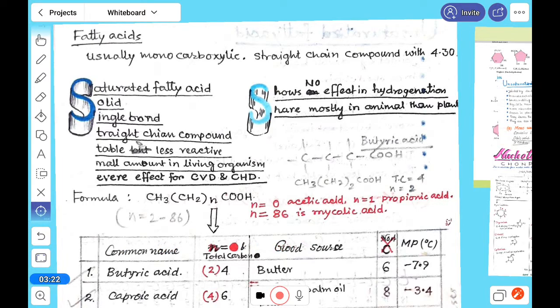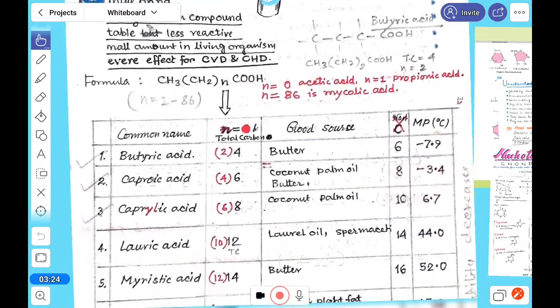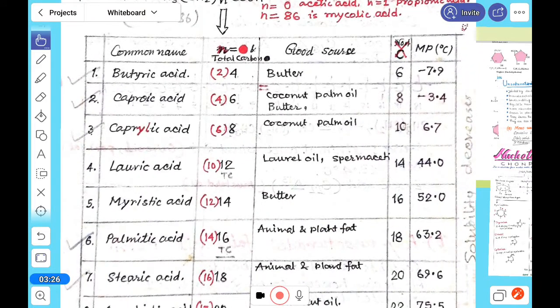You can see here that when the value of n is 2, then butyric acid, then 4 caproic acid, 6 caprylic acid. In that way, all these things are there. So these are the fats which are available in animal and plant bodies.